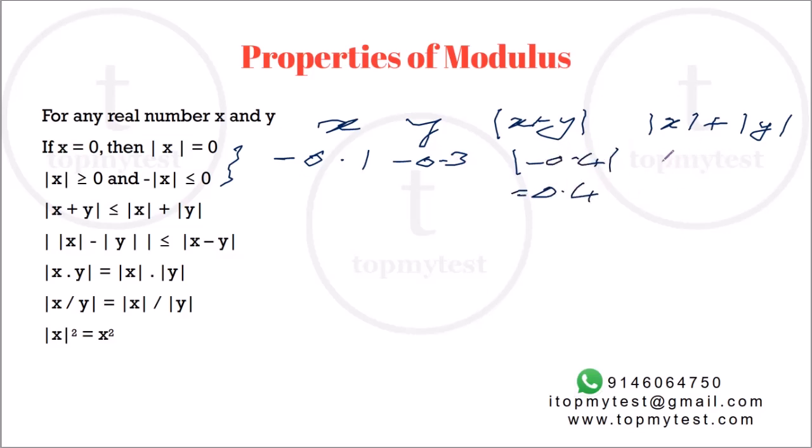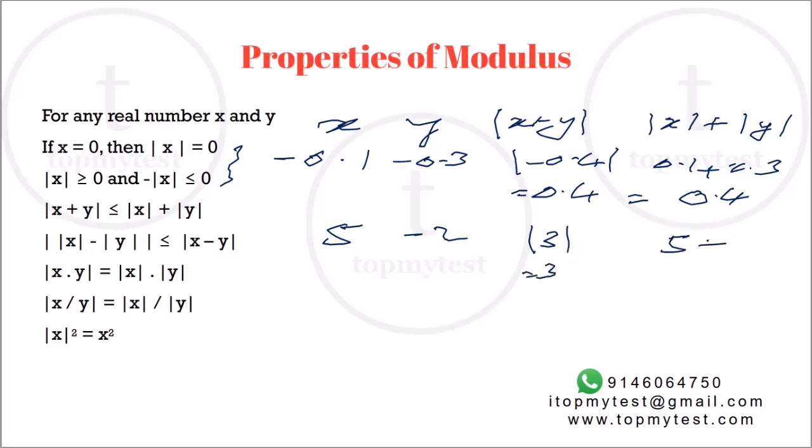Modulus of x will be 0.1, modulus of y will be 0.3. When you add them, you will get 0.4. So they will become equal. On the other hand, if you take two values of opposite signs, say 5 and minus 2, 5 plus minus 2 will be modulus of 3, which will be 3. And in this case, it will be modulus of 5 plus modulus of minus 2, which is 2, which will give you 7. So this is less than that.